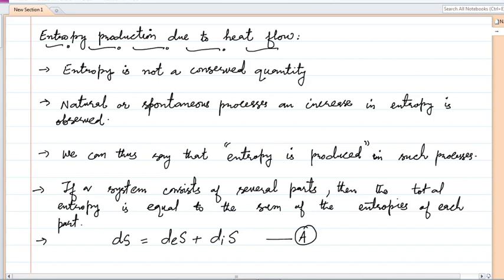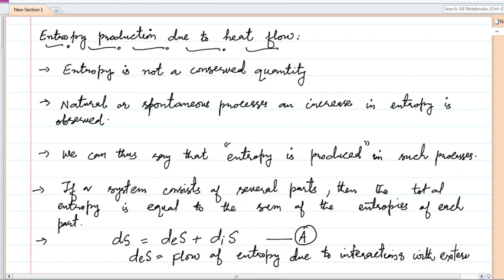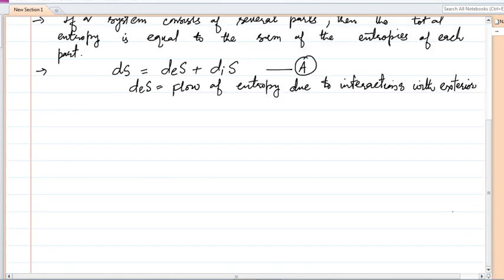Suppose this is equation A. Here deS is simply the flow of entropy due to interaction with the exterior, and diS is simply the contribution due to changes inside the system.